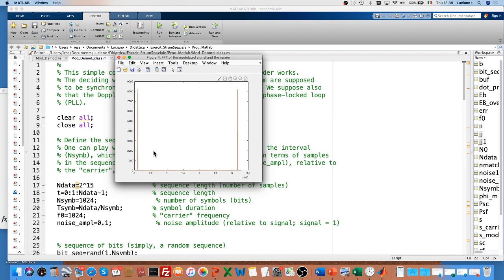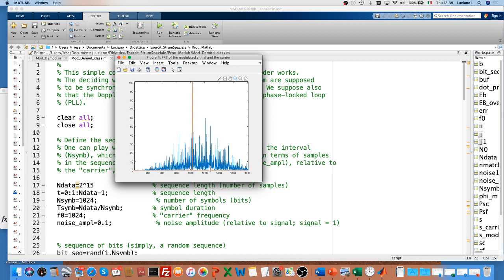And let us look at the power spectrum. Okay, you see how broad the power spectrum is now.